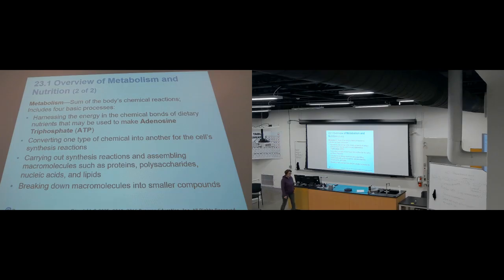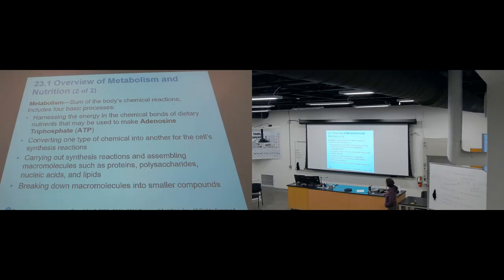Now, metabolism is defined as the sum of all the metabolic or chemical reactions that happen in our body at a given time. And this metabolism includes harnessing the energy in chemical bonds of dietary nutrients that may be used to make ATP.